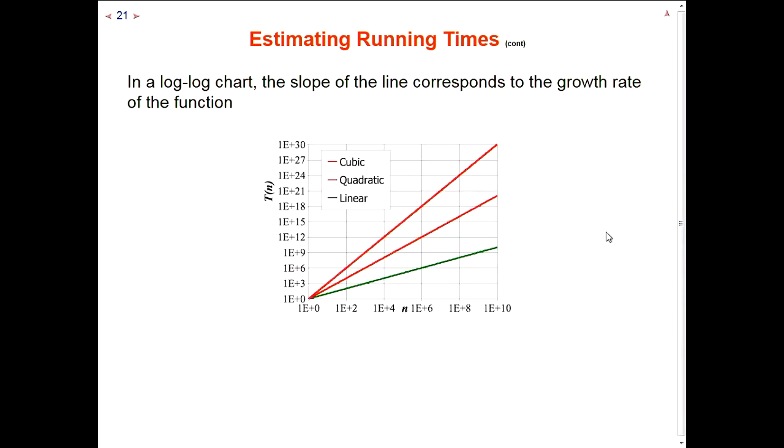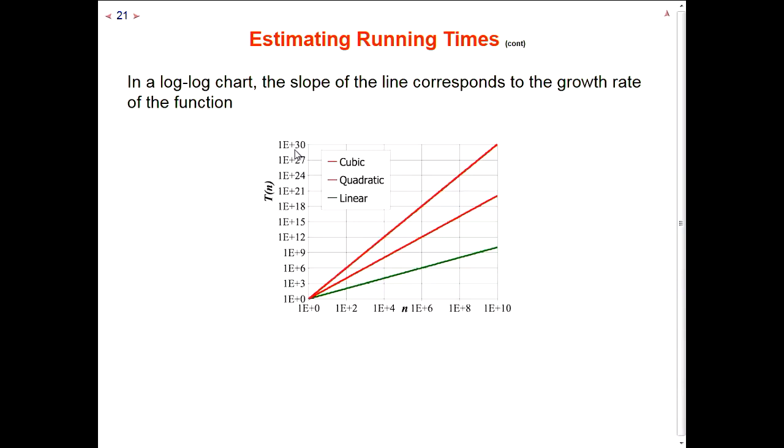It means that we have a logarithmic scale on both axes. Here we start at e plus 0, the mathematical notation for 1, this is 100, this is 10 to the power of 4, which is 10,000. So you see a logarithmic scale here, and the runtime is also depicted in a logarithmic scale.